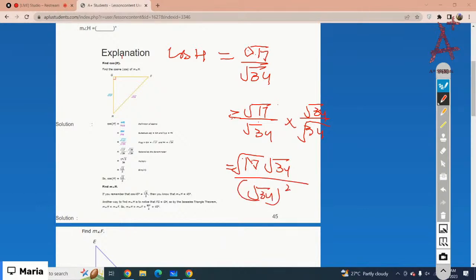Got it? It would be square root 17, and you can write 34 as 2 times 17. So we can take common square root 17 from the numerator, and we are left with 2 divided by 34.